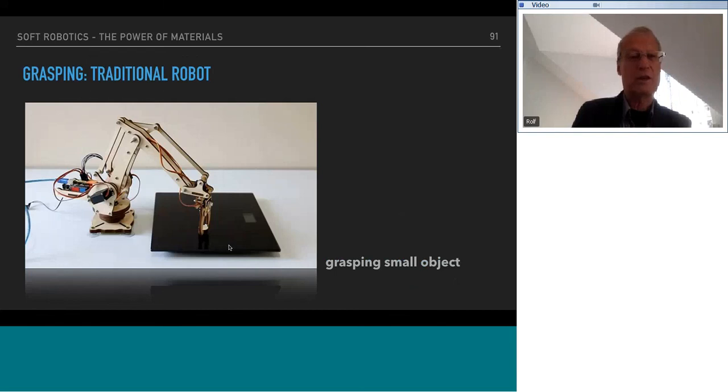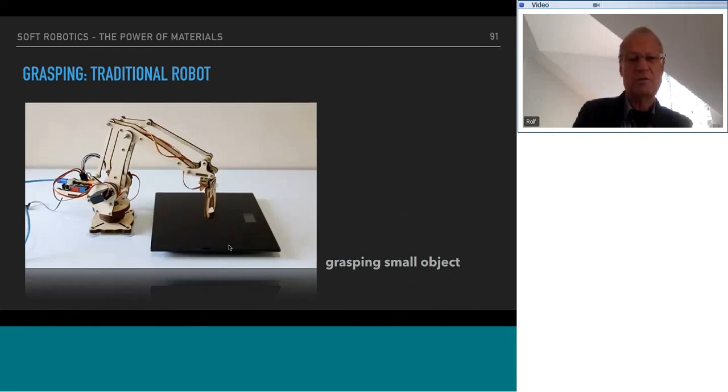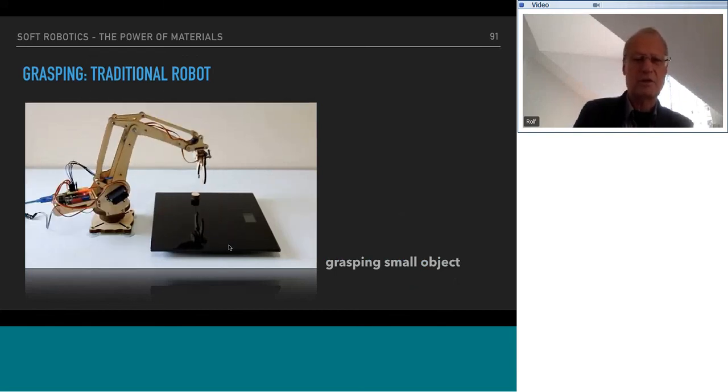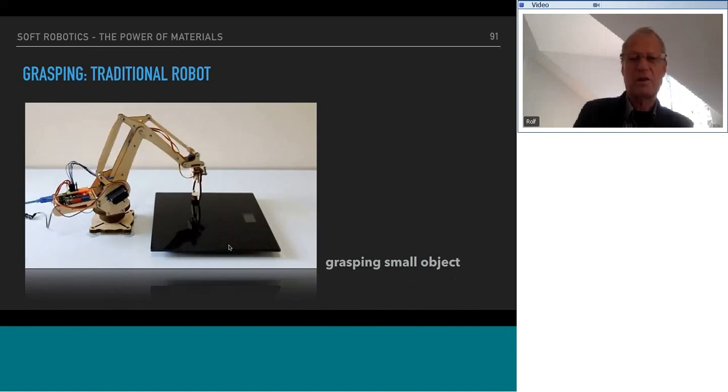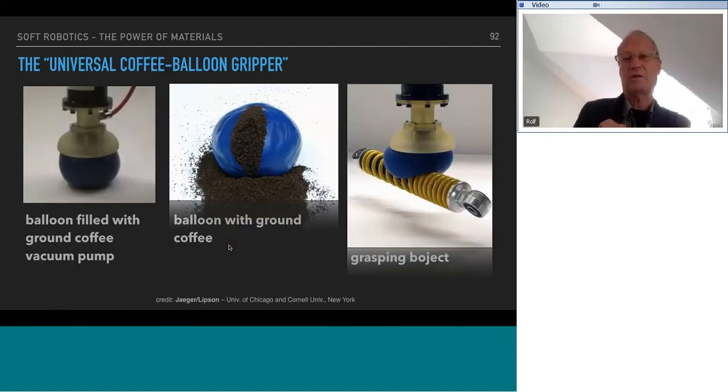I go through this quickly. This is a traditional robot, position, grasp, position, grasp. By contrast, the universal coffee balloon gripper is completely different. So what they did, they took a balloon, they filled it with ground coffee, which is very soft. They added a vacuum pump here, and then with the balloon, they move over an object.